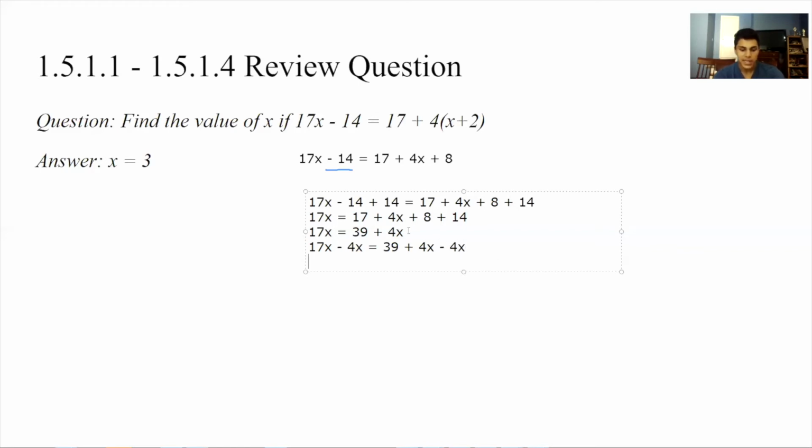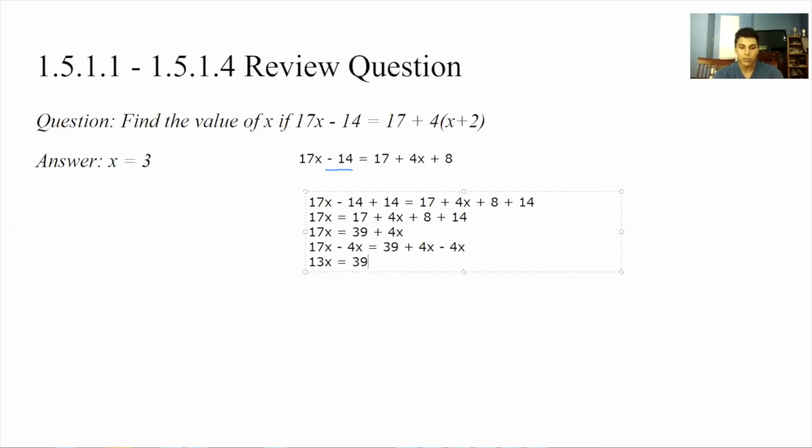And then 17x minus 4x is 13x. And then 39 plus 4x minus 4x, it's just 39 on its own. So 4x minus 4x is 0, and that's 39 plus 0, and then that's just 39 as a result. So finally, I've gotten this equation down to 13x equals 39.